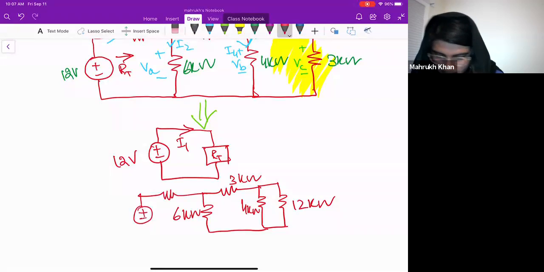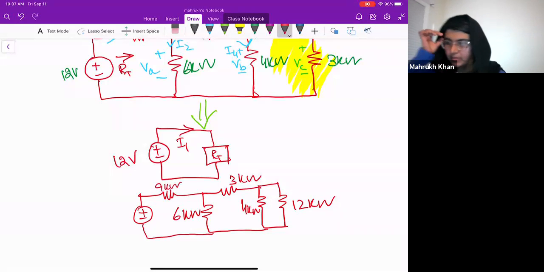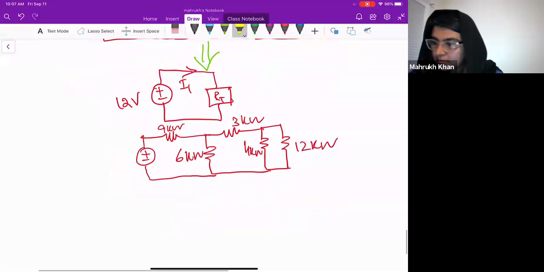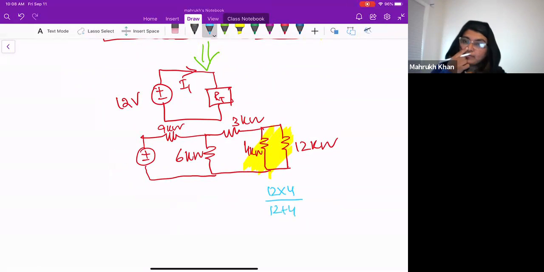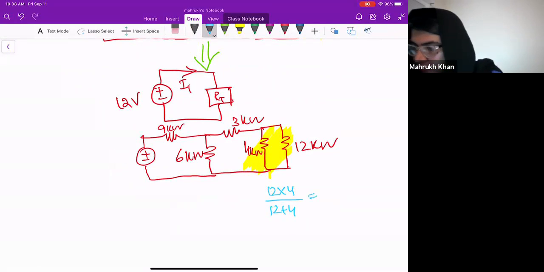Or is it 9 kilo ohms? Okay, so I should be doing this. When you solve it, you try to name the resistances so that it will be easy to keep track of them. I'm just not doing it.